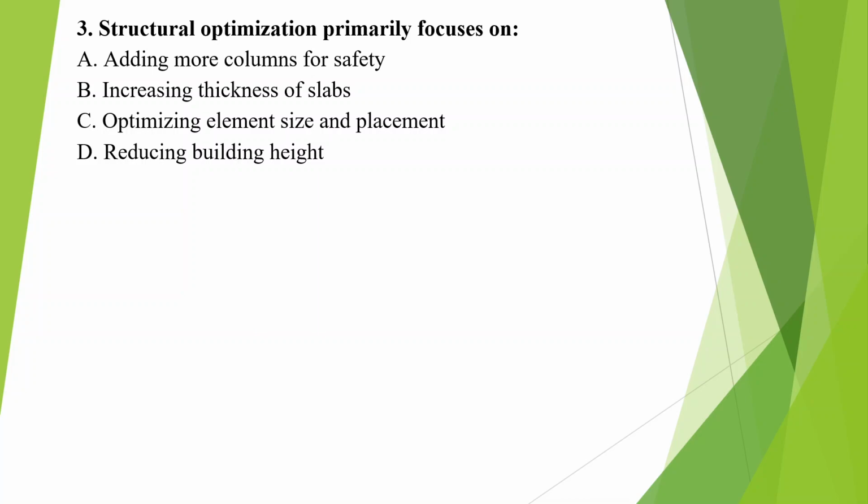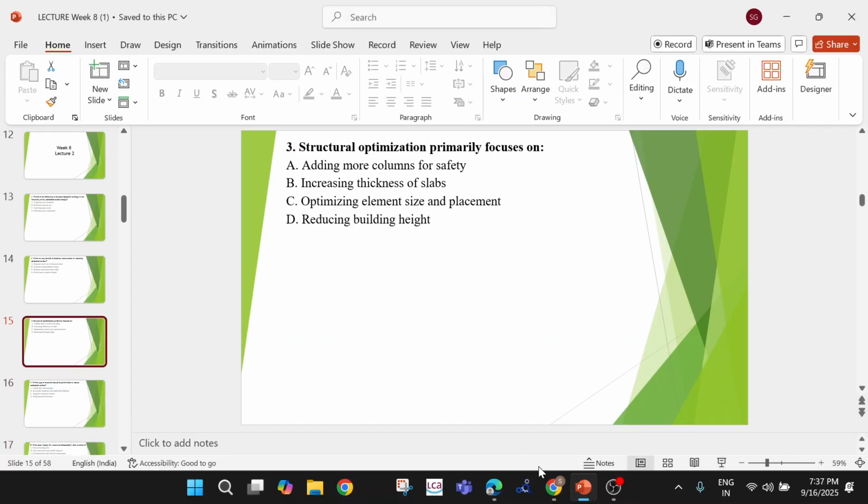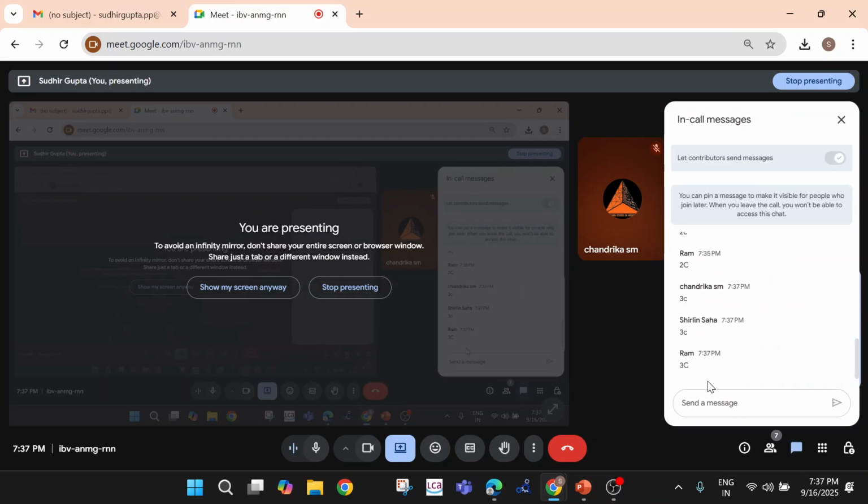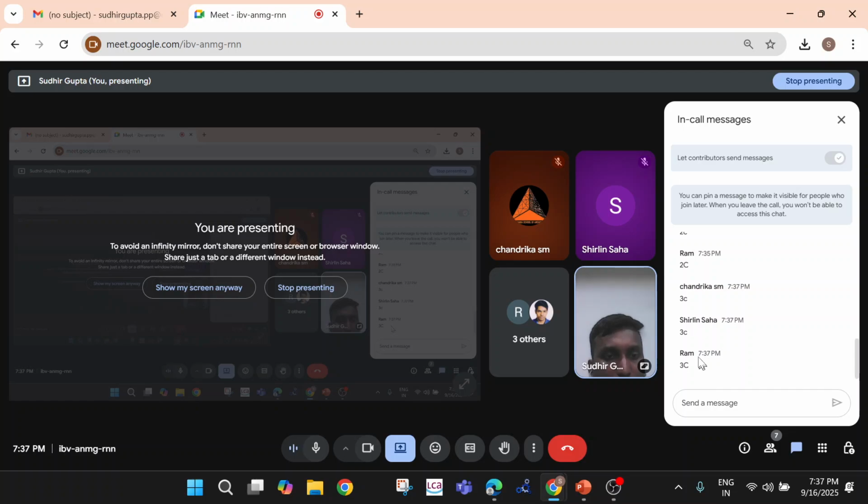Question number 3. Let's see who can answer and who can answer it correctly. So as I can see, the third question has been answered by 3 participants till now, and all of them are marking option C.